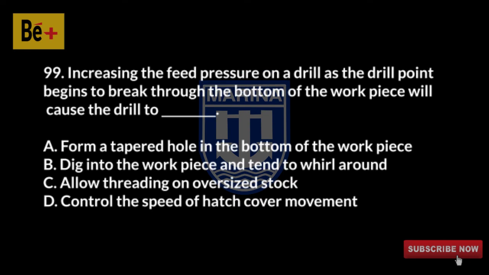Increasing the feed pressure on a drill as the drill point begins to break through the bottom of the workpiece will cause the drill to A. form a tapered hole in the bottom of the workpiece, B. dig into the workpiece and tend to whirl around, C. allow threading on oversized stock, D. control the speed of hatch cover movement. The answer is B. dig into the workpiece and tend to whirl around.